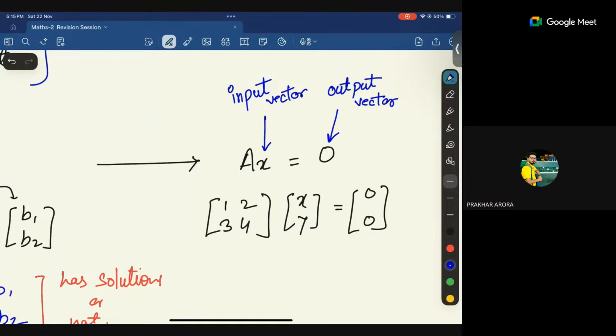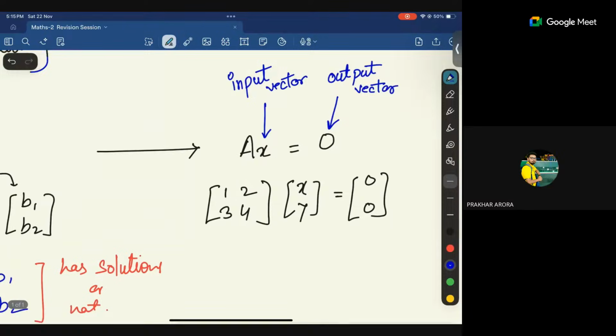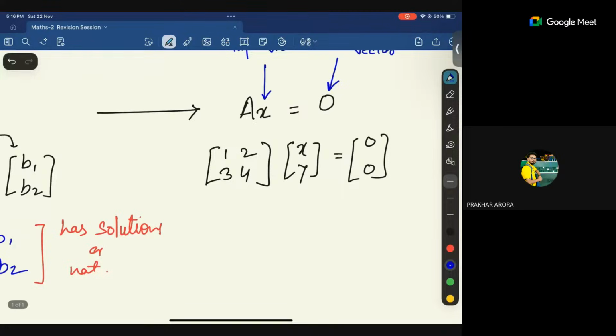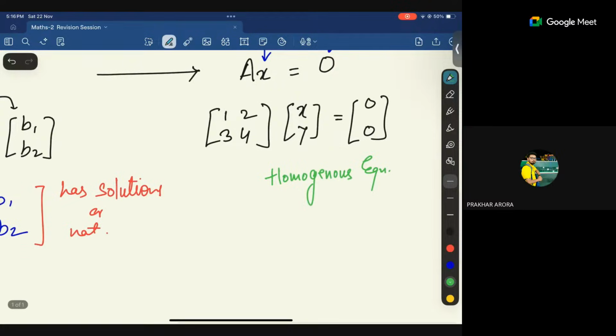This is the only change that we have. If you remember, we also studied this and called it a homogeneous equation.